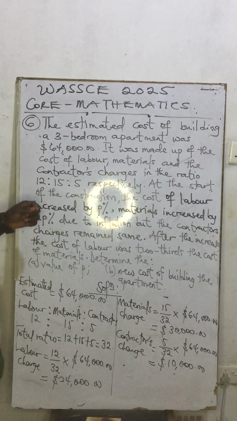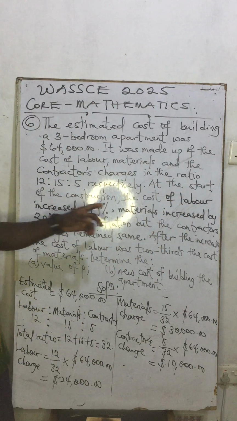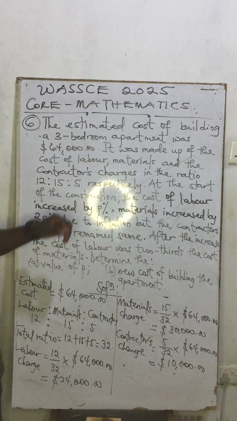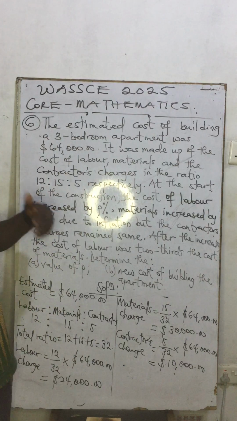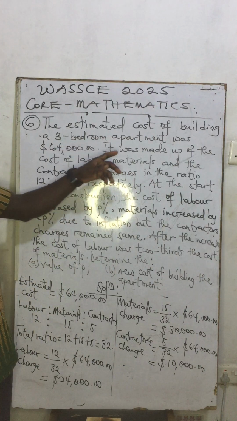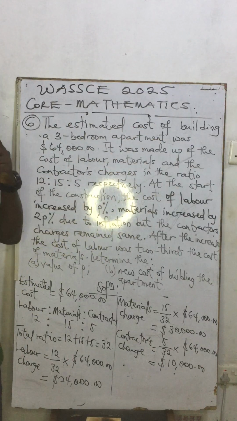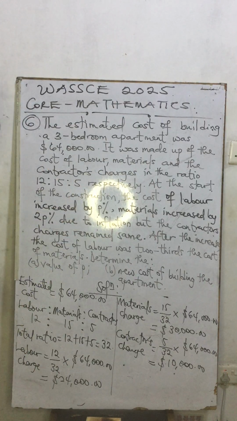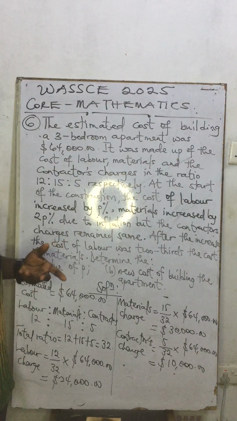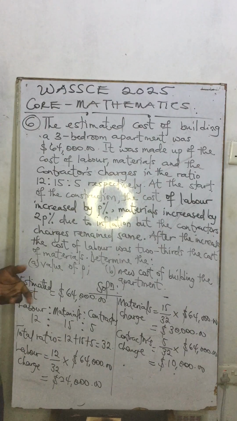Now, at the start of the construction, the cost of labor increased by P%. So at the moment they were about to begin the 3-bedroom apartment building, they increased the cost of labor by P%, adding another amount to the existing $24,000.